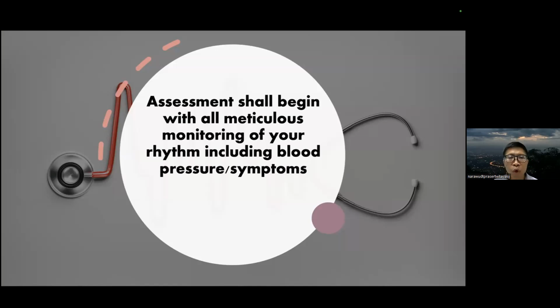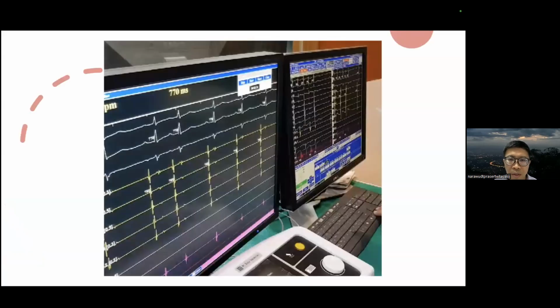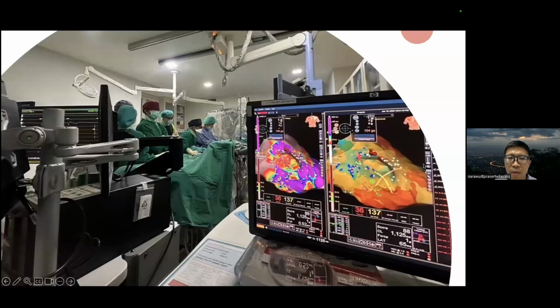During the procedure, we will try our best to assess your heart rhythm with meticulous monitoring, including blood pressure and any symptoms. And with a specific visualization system, we shall be able to get the anatomic and electrophysiology derangement in your heart.